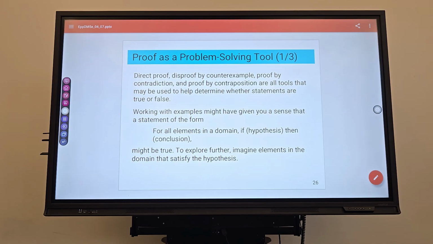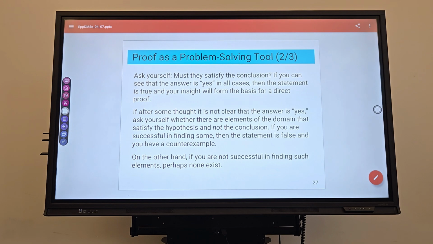To explore further, imagine elements in the domain that satisfy the hypothesis. Ask yourself, must they satisfy the conclusion? If you can see that the answer is yes in all cases, then the statement is true and your insight will form the basis for a direct proof.